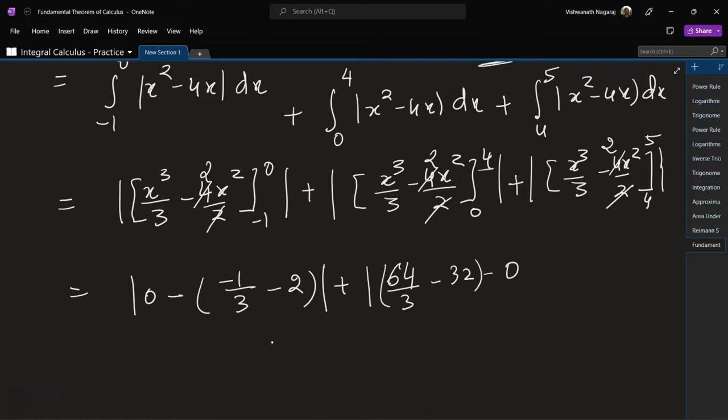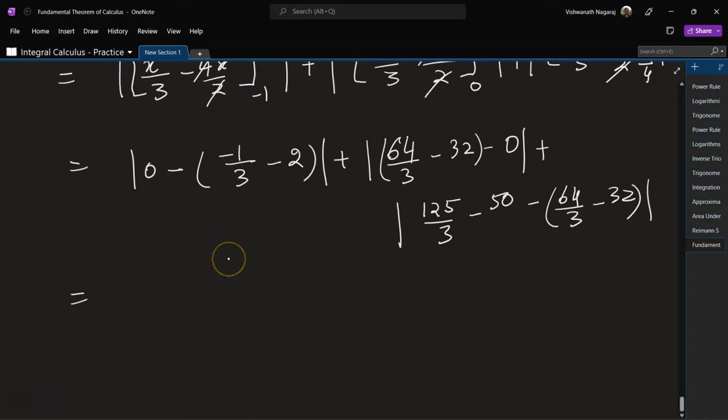So this would be for 4, and 0 will make this entire thing 0. So absolute value, plus again absolute value of 5 cube, that is 125 by 3, minus 5 square is 25, 25 times 2 is 50, then minus 4, 4 cube is 64 by 3 minus 32.